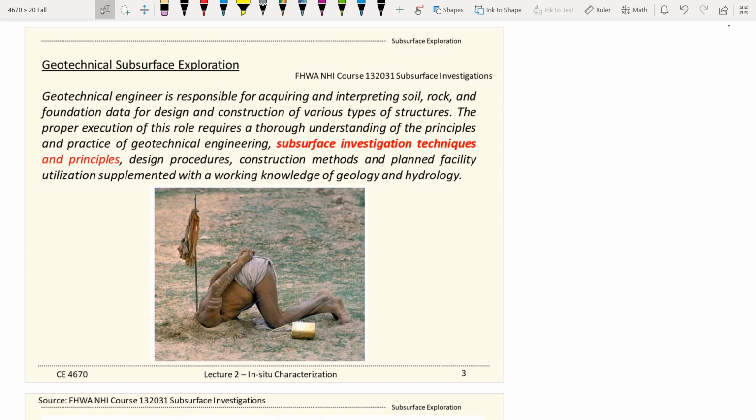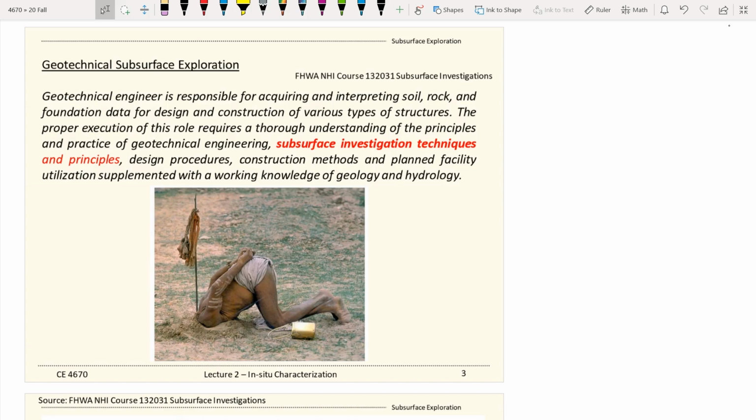The proper execution of this role requires a thorough understanding of the principles and practice of geotechnical engineering, and very important, the subsurface investigation techniques and principles, which is about this lecture, and also design procedures, such as designing foundations that we will learn in this class, and also construction methods, and planning the facility, supplemented with a working knowledge of geology and hydrology. So this is the main scope of geotechnical engineering work, and very important.